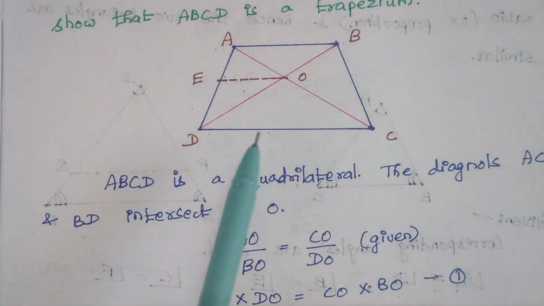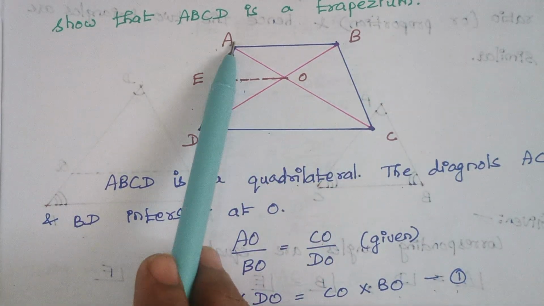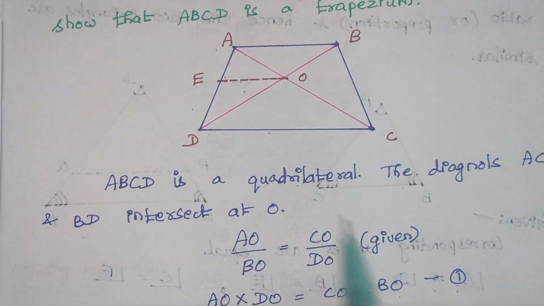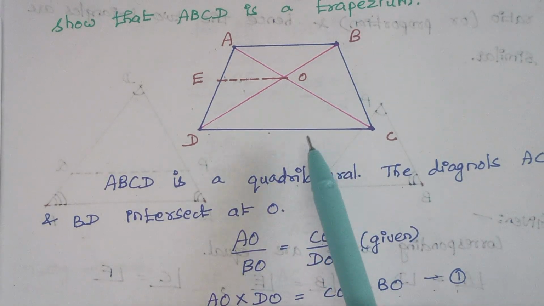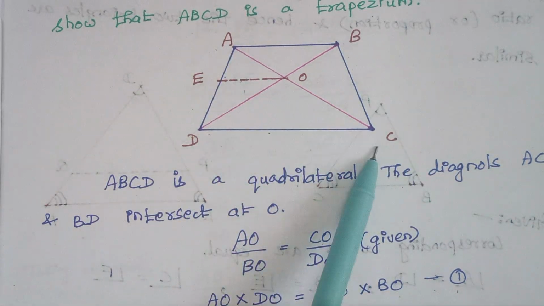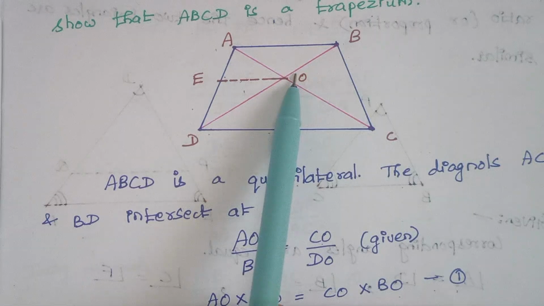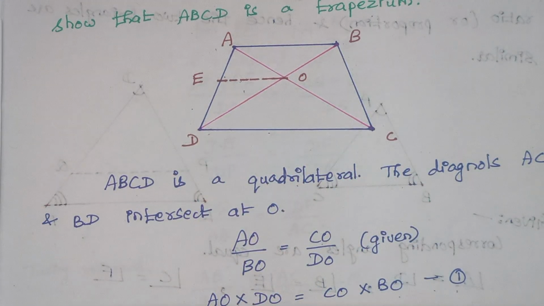So this side is equal to this side. What does this say? By using the converse of BPT, the ratio of this side is equal to this side, so obviously this OE is parallel to this CD. Am I making it clear?